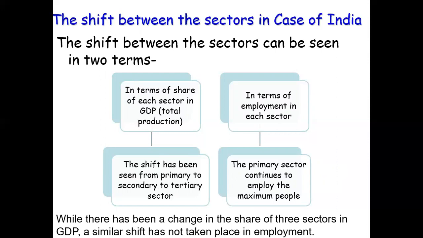But in terms of employment in each sector, the primary sector continues to employ the maximum people. While there has been a change in the share of the three sectors in GDP, a similar change has not taken place in employment.